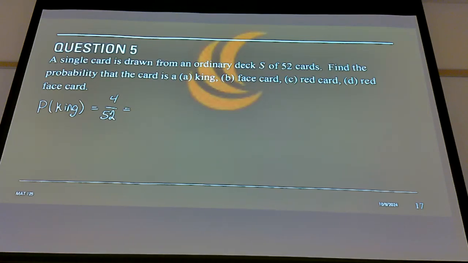Each suit has 13 cards: ace, 2 through 10, and then the 3 face cards, Jack, Queen, and King. So you have a 1 in 13 chance of drawing a king.